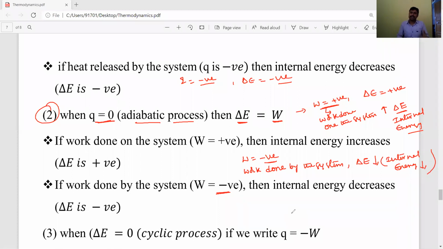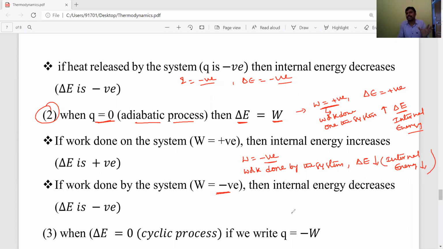For example, you are not taking any external energy, means Q is constant. Now your body is still continuously doing work, then automatically what happens? After some time in your body, internal energy will be less, means internal energy will decrease.